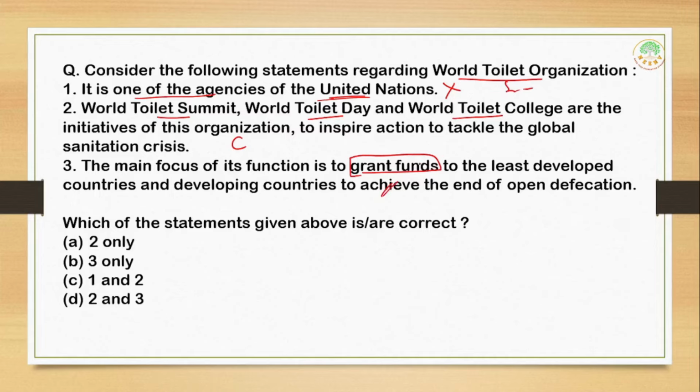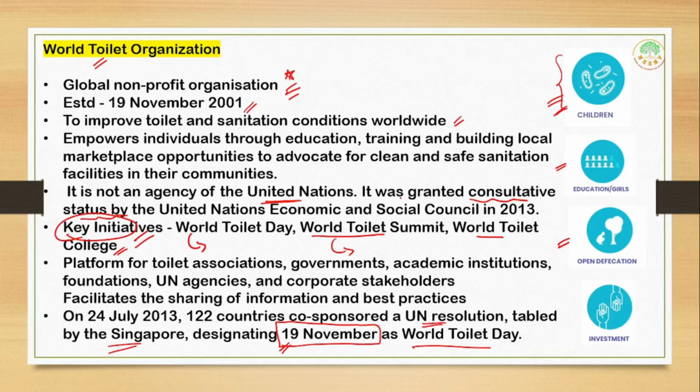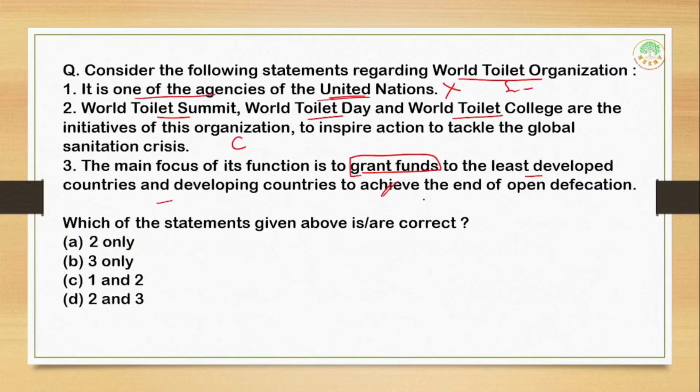No, it directly doesn't grant any funds to the developing countries or developed countries. It just acts as an organization which provides education and awareness services. Nowhere in the mandate is it mentioned that it will grant funds. It only provides education, training, and capacity building. So that is why this third statement is wrong.